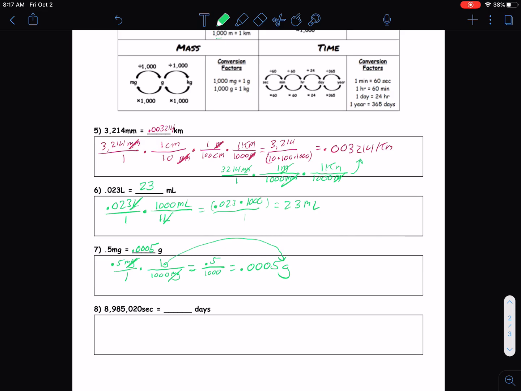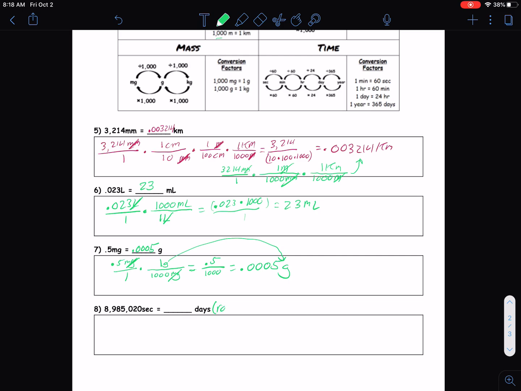And now we're on to number 8. Solve this one now. How many days are in 8,985,020 seconds? Oh, and make sure that when you do this one, we're going to round.